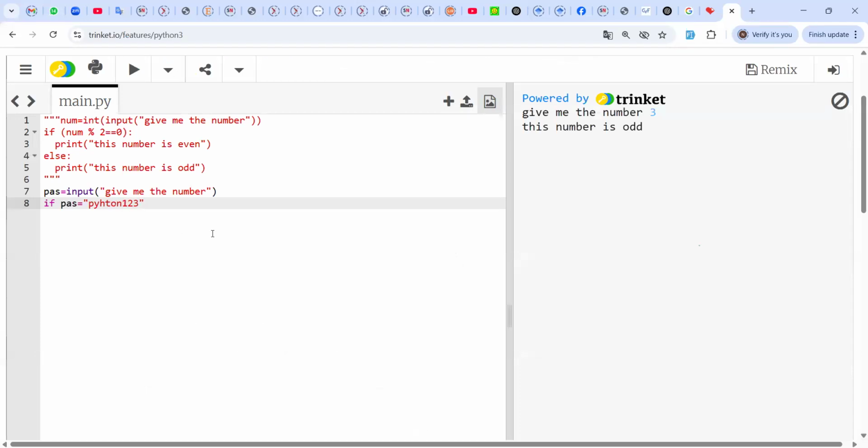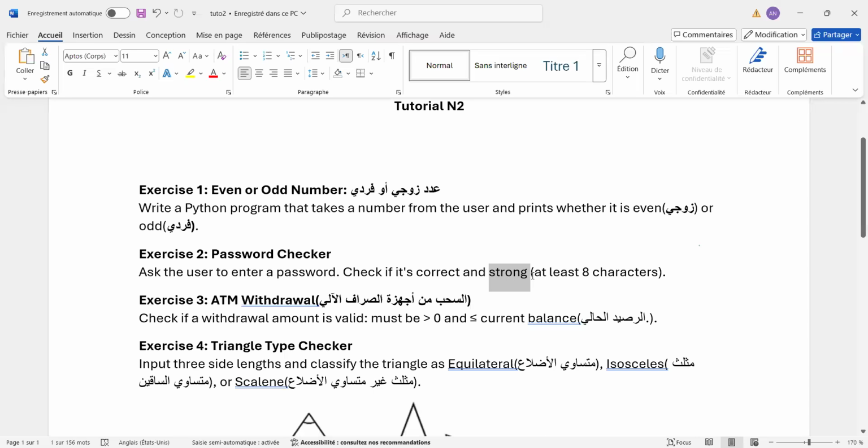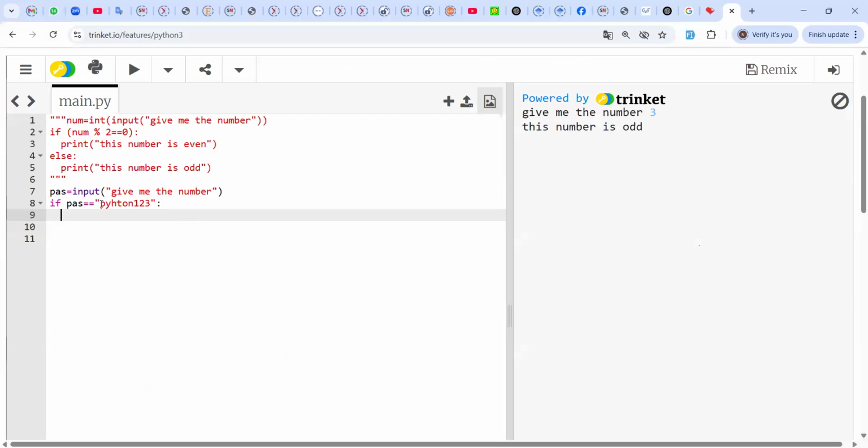If our password is equal to this phrase, that means it's correct. And when it is correct, we have to check whether it is strong or not. In the exercise, he said a strong password is at least 8 characters. So we need to check the length of this password.